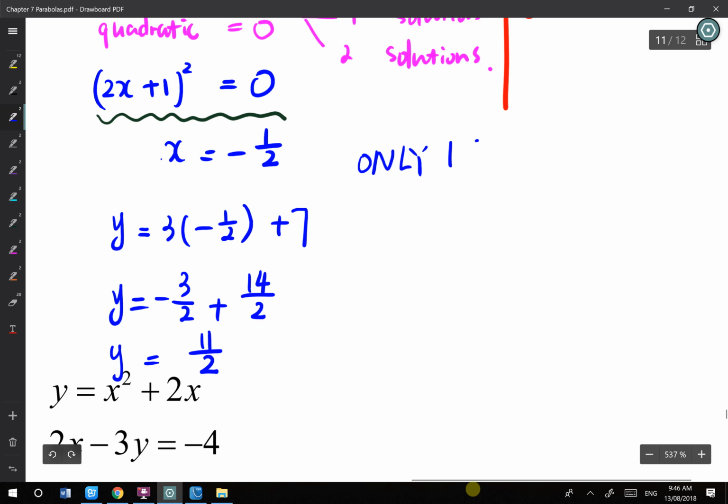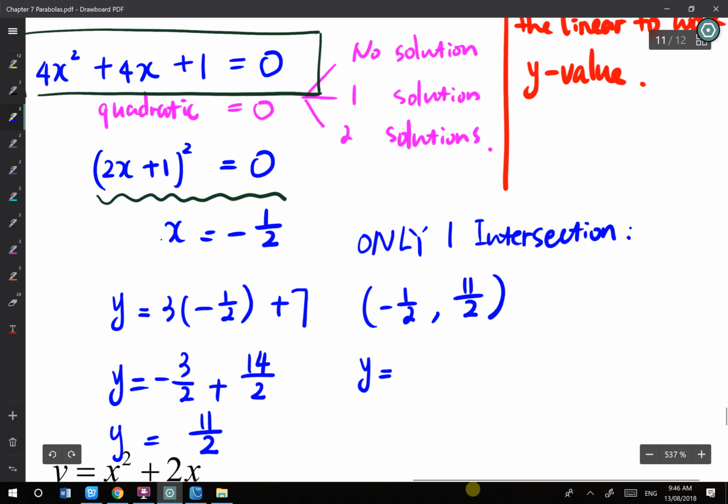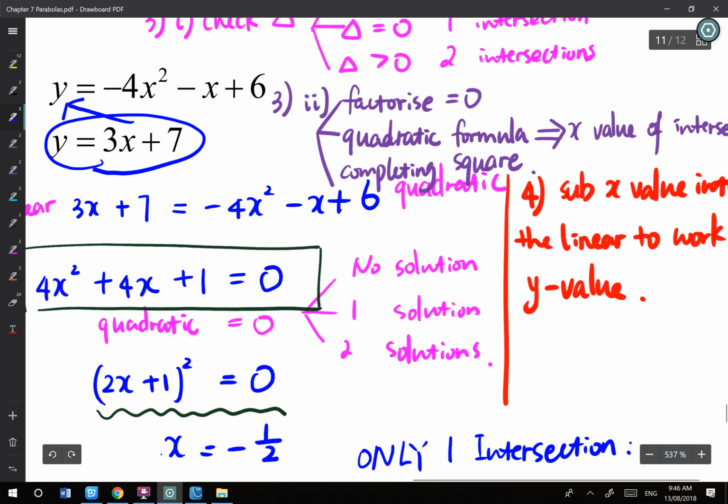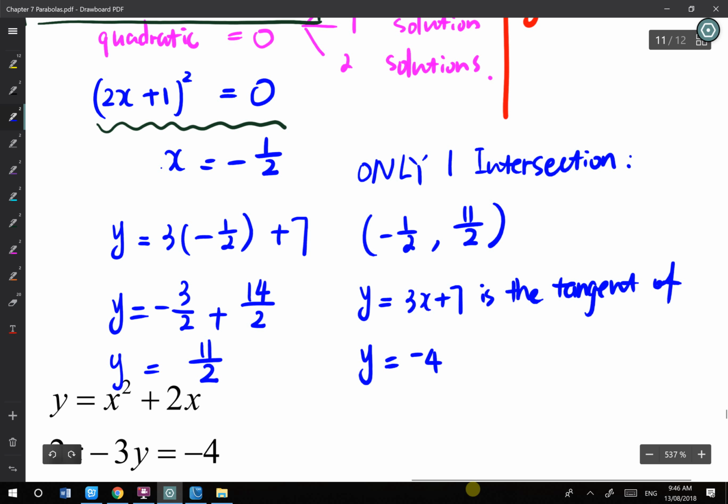Only one intersection, which is (-1/2, 11/2). Y equals 3x plus 7 is the tangent of y equals -4x squared minus x plus 6.